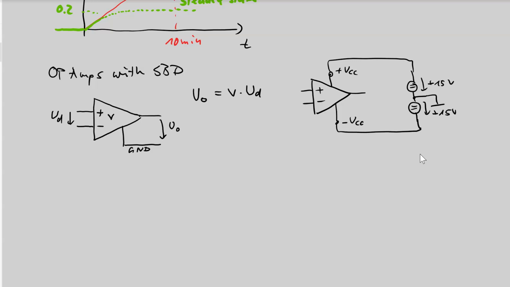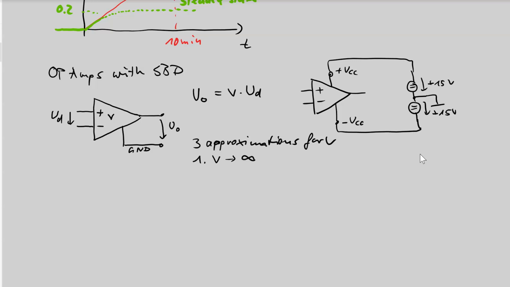Okay, so far. Back to the dynamical operation. Output voltage is differential gain times input differential voltage. We work with 3 approximations for V. The first one is very simple.